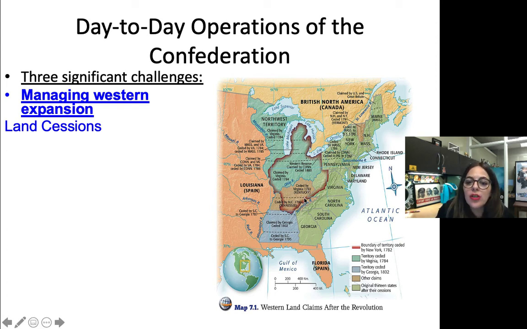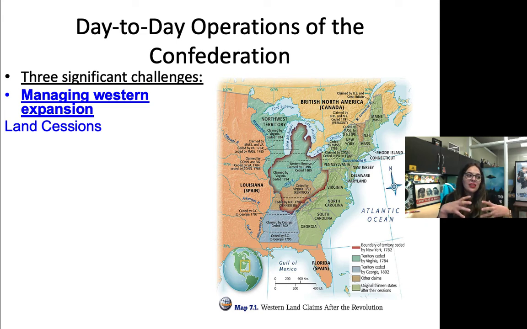If you look closely, this is claimed by Virginia, claimed by Virginia, claimed by Virginia. Virginia's all into everything, right? Virginia's thinking we're going to continue to expand all the way to California, all the way to the Pacific. They don't know the Pacific's there yet, but nevertheless.